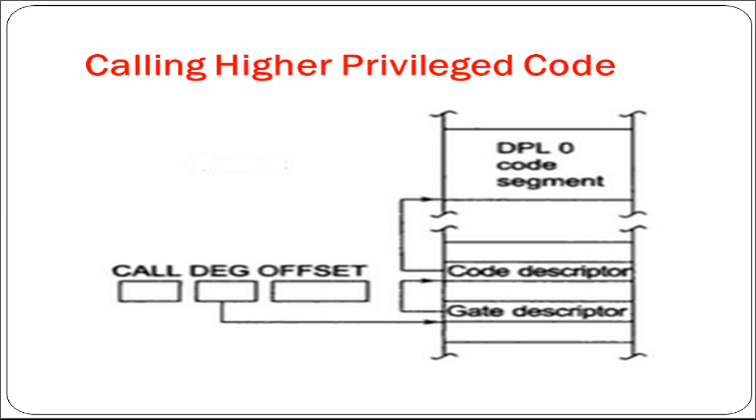As you can see in the diagram, the far call instruction is showing the entry point to the gate descriptor, that is the call gate descriptor. The call gate descriptor points to the code descriptor which is at the higher PL.